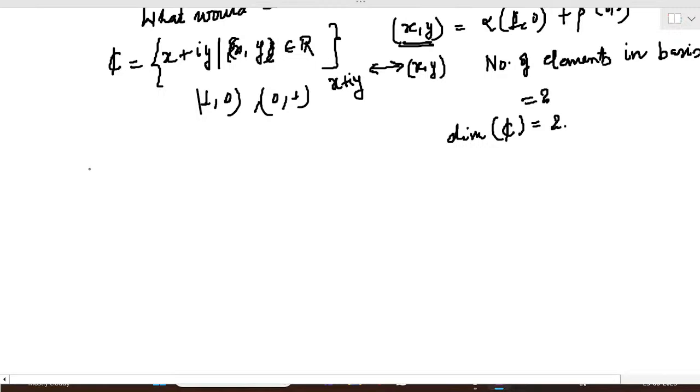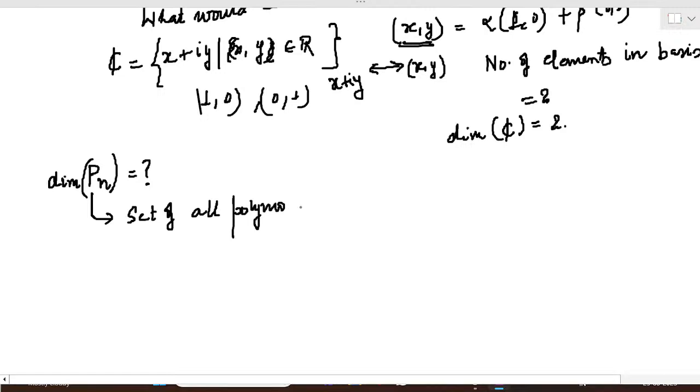What do you think the dimension of Pn would be? Remember, this Pn is the set of polynomials with degree at most n.